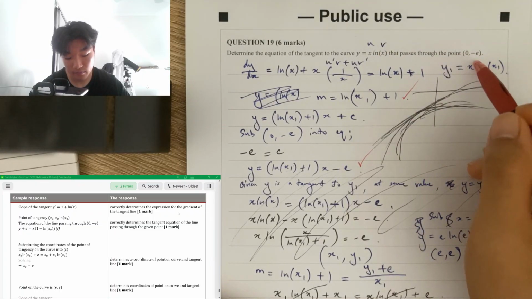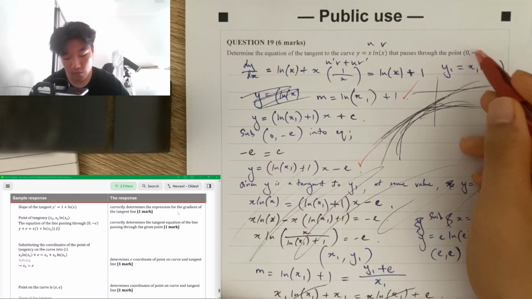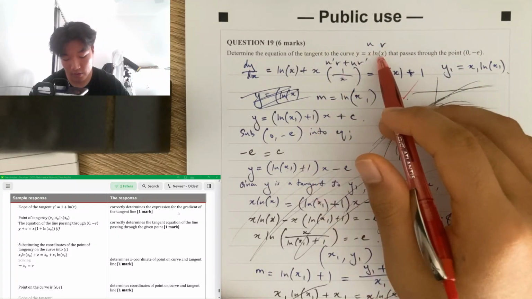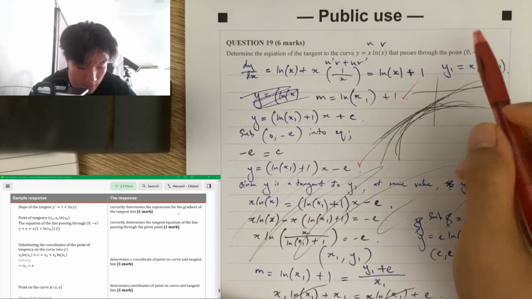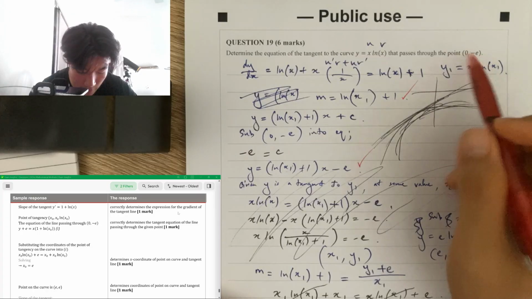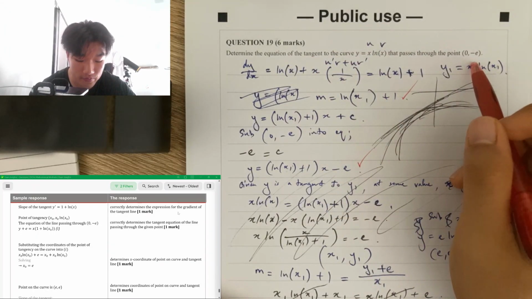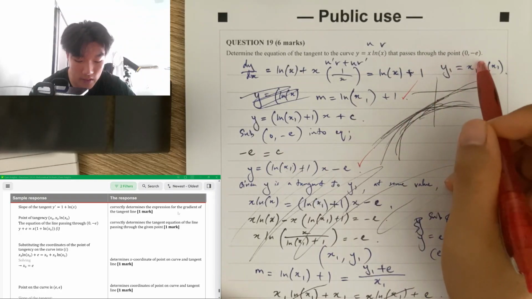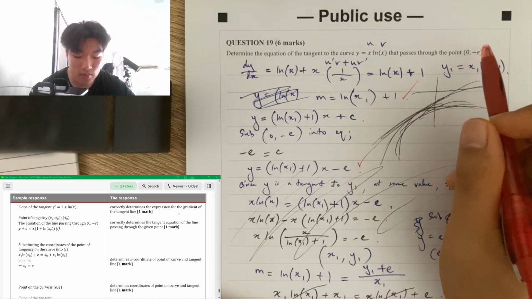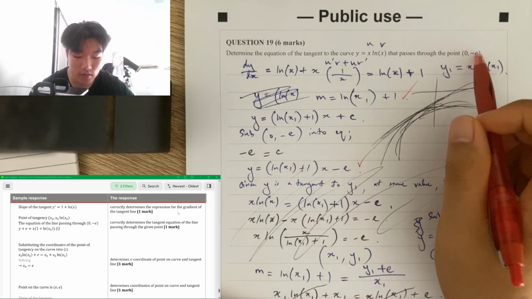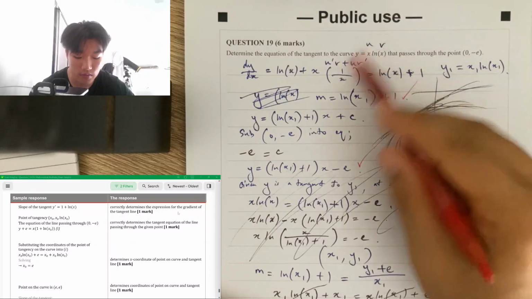I said earlier that this point is common for the tangent and the function, but that's actually not true. The tangent passes through this point. That's what it's saying. This point does not actually occur on this function.